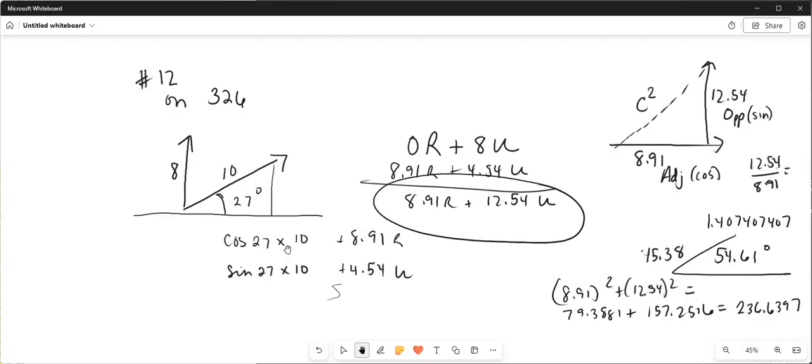Okay. And then see if I've got the right answer here. What number is this? 12.